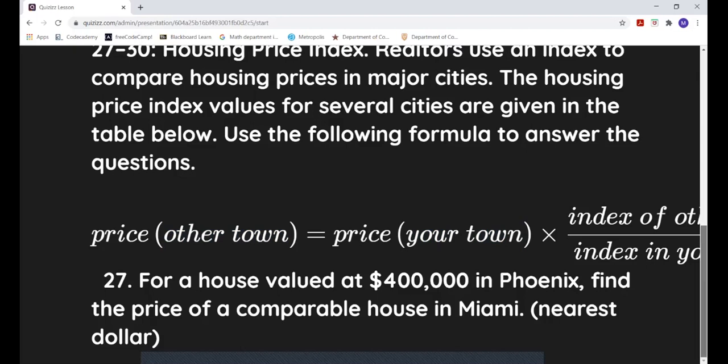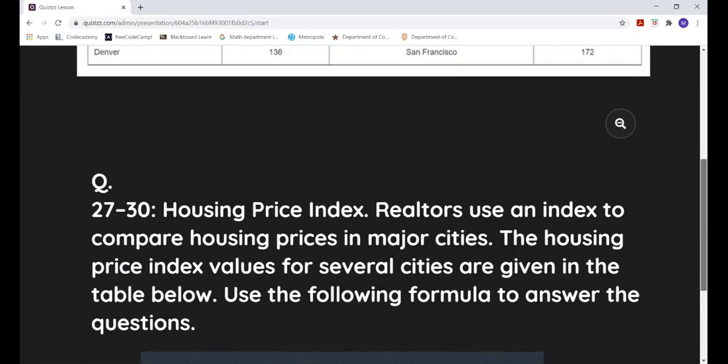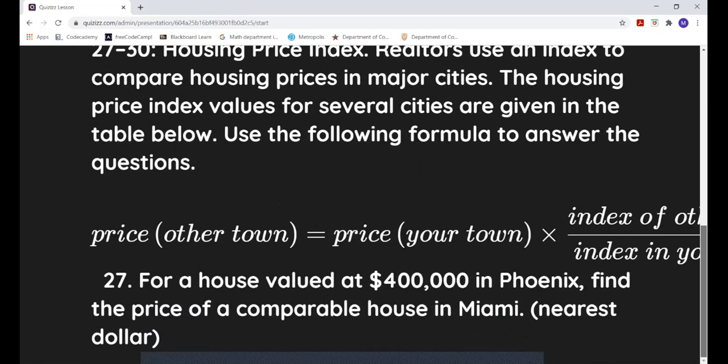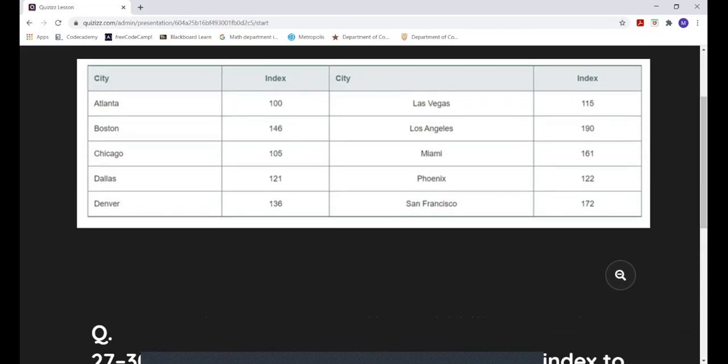And so we have these indices. Phoenix gives me an index of 122. Miami is giving me 161. And then we know Miami is 161, Phoenix is 122.